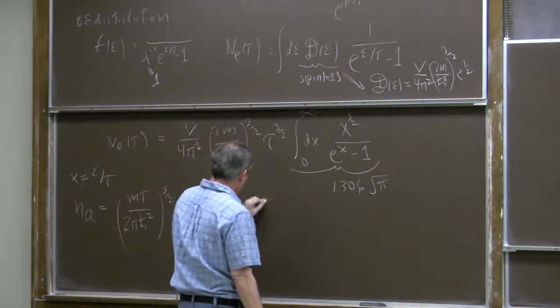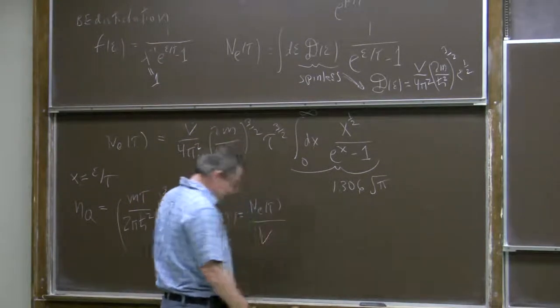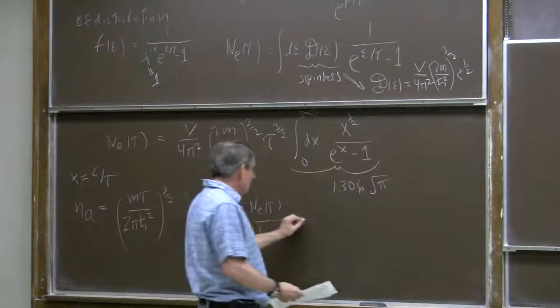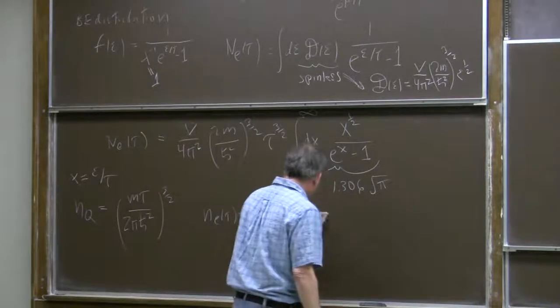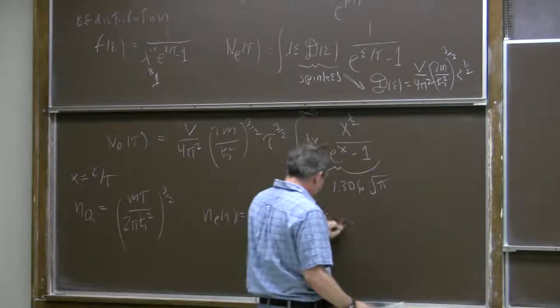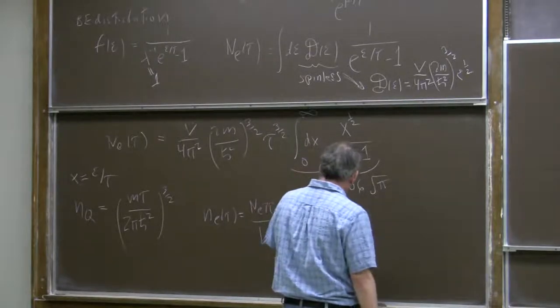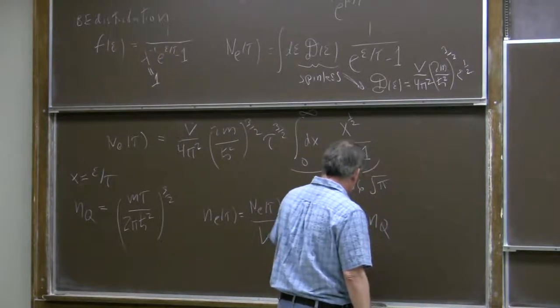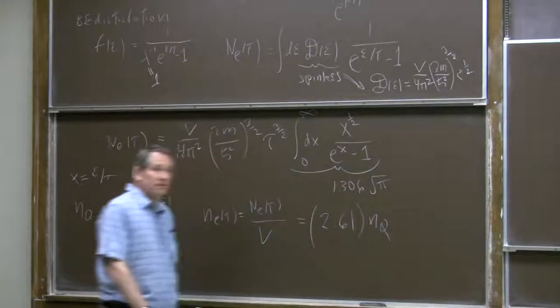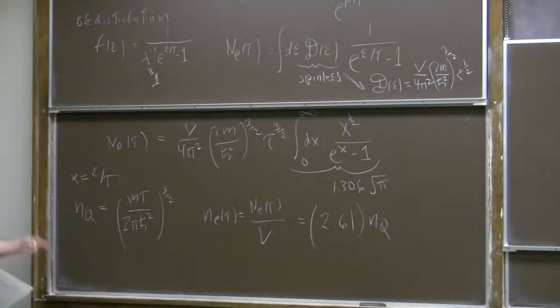The number of particles in excited orbitals divided by the volume is just a number, 2.61, times the quantum concentration.